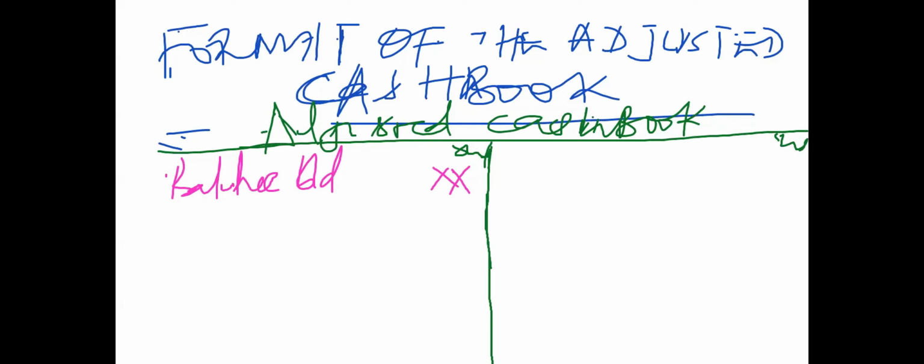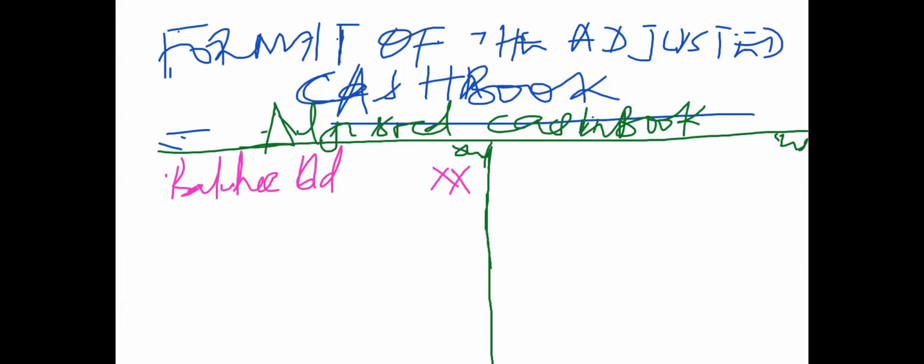So if there are errors that were committed originally in the cash book, then you correct them here. So for now, there are some common items that usually appear in some of the questions, and I want to show you how we can treat them.